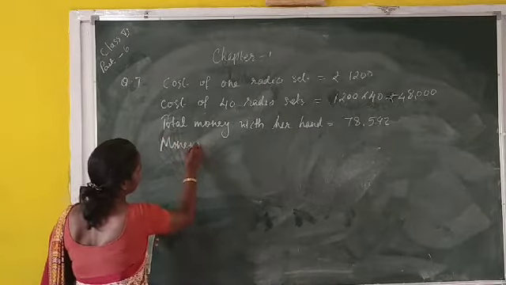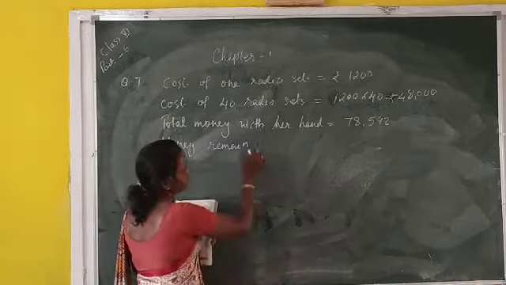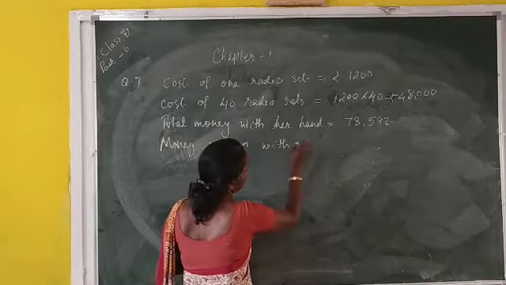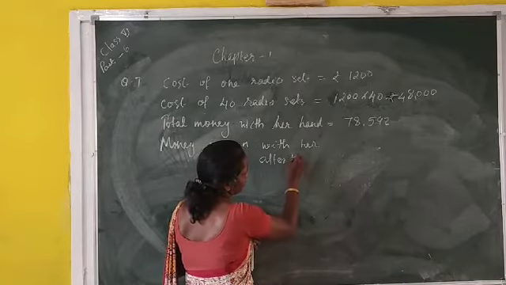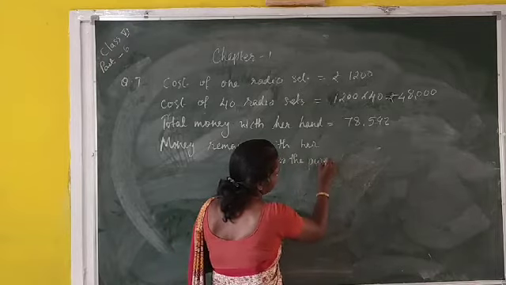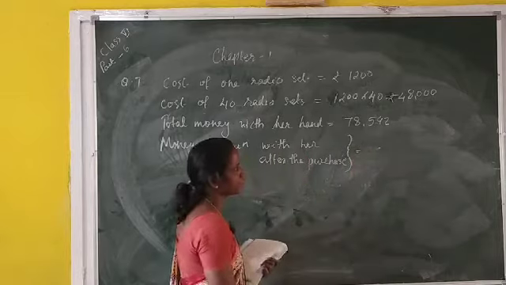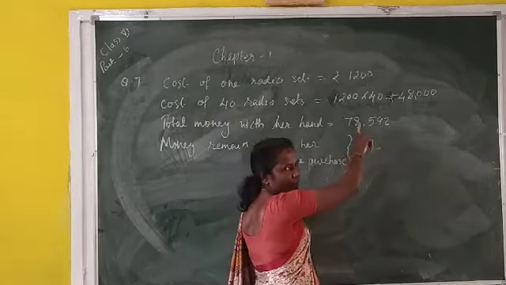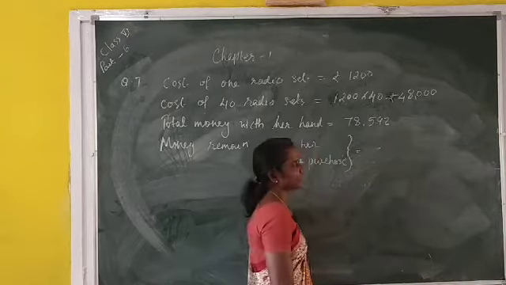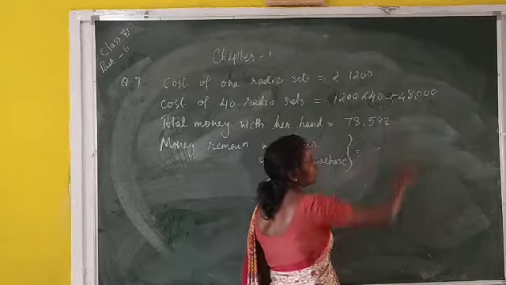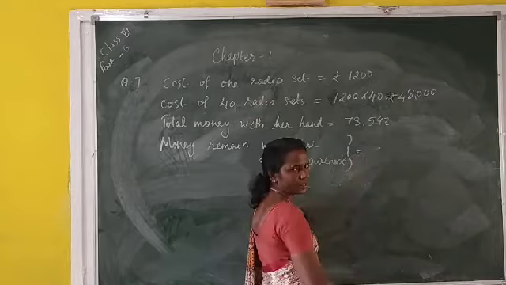Money remaining with her after the purchase is equal to, how to find out? Here total money minus 48,000, means this 48,000 rupees subtracted from 78,592.